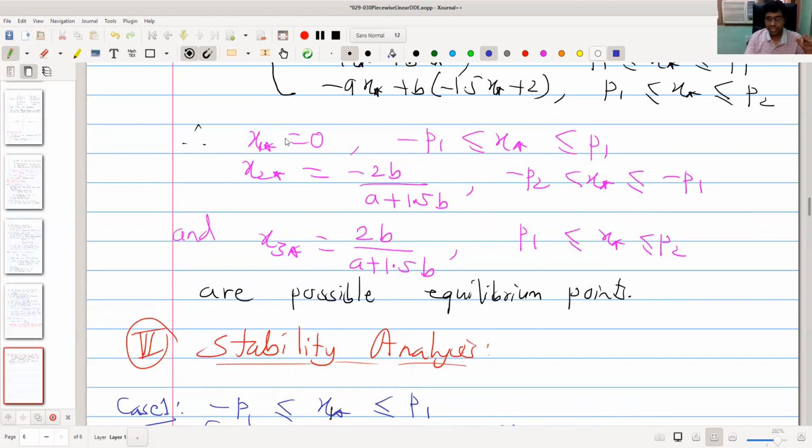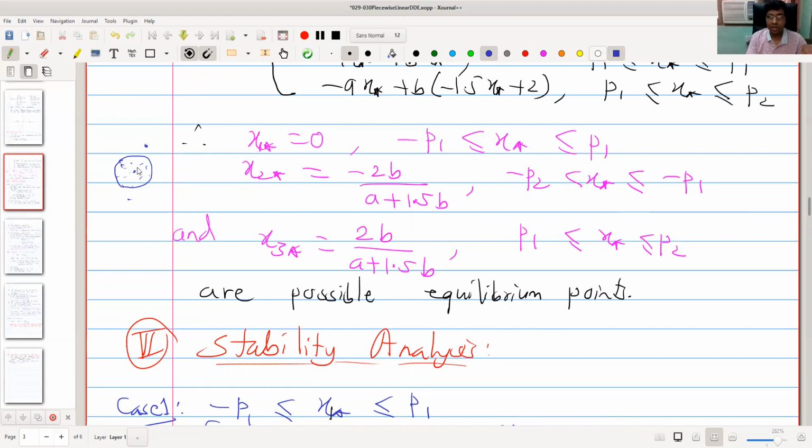If this is the neighborhood and this is your x1 star, then x2 star and x3 star should be outside this neighborhood. Then select any initial condition in this neighborhood and verify that the solution starting in this neighborhood will go away from this equilibrium.